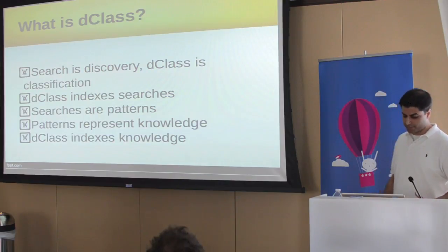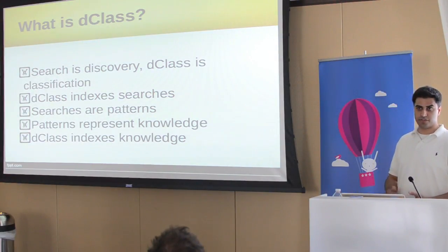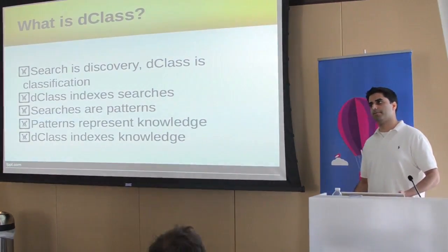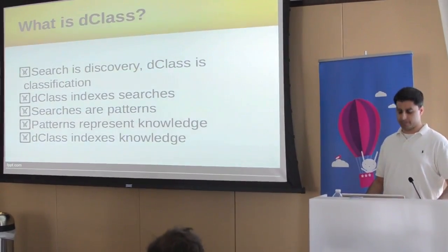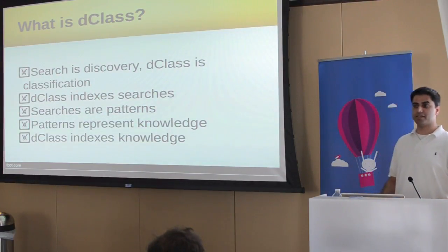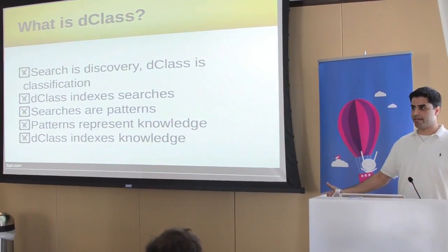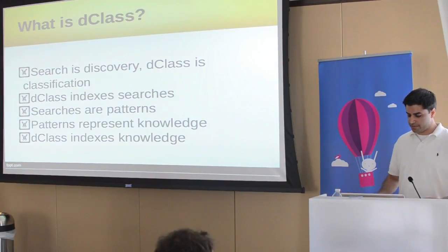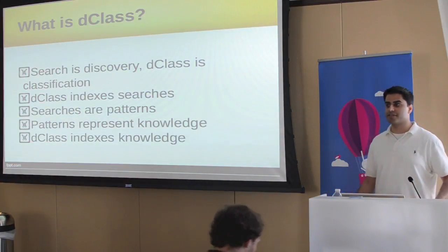For example, dClass actually indexes your searches, and these searches are just patterns. I call them patterns because it's a sequence of data. They can have dependencies and other attributes, and you have lots and lots of different patterns. These aren't just any old patterns, because you can find patterns everywhere.